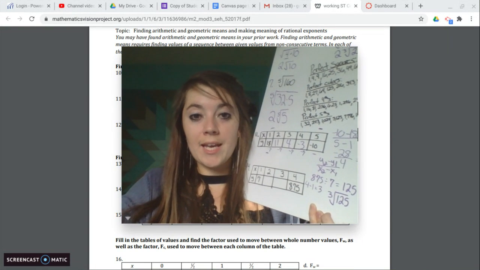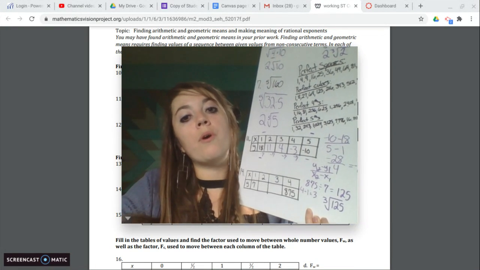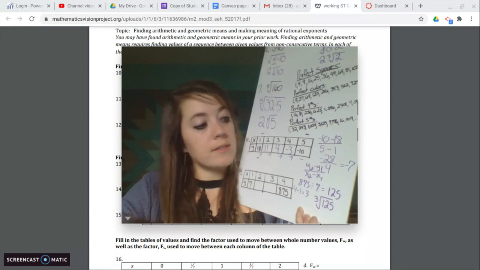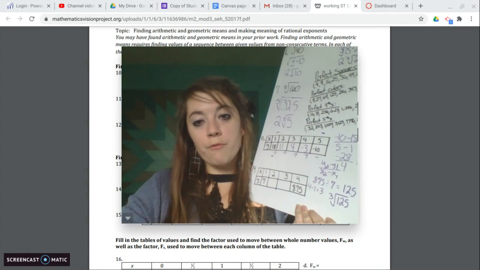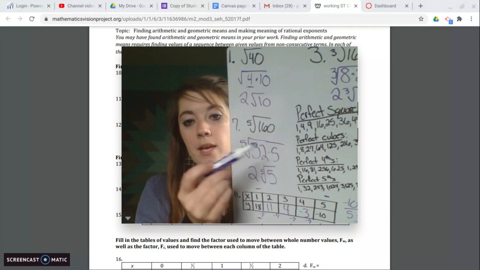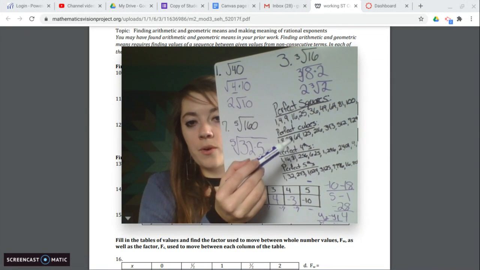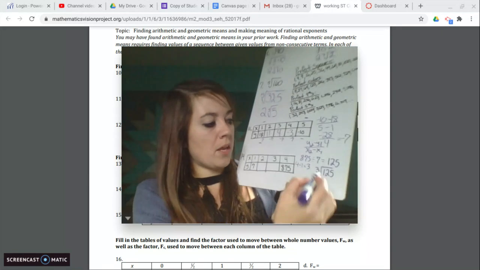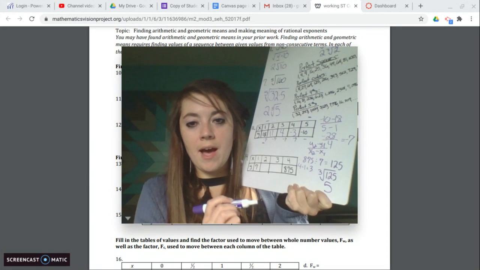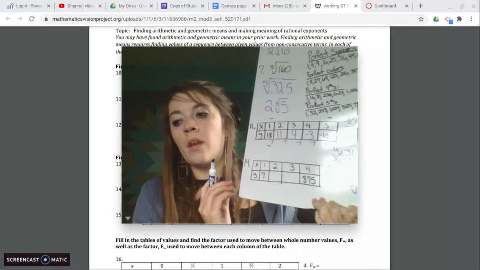So for geometric, we're taking a root. For arithmetic, we're dividing by that difference. So the third root of 125, well, if we look back up here, perfect cubes, we see 125. It's the 1, 2, 3, 4, fifth one over. So the third root of 125 is 5.